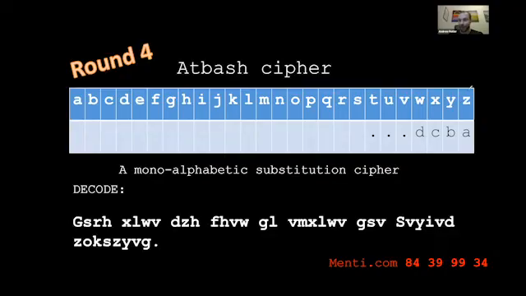So, for example, the letter Y would be replaced by B, but then that would be the same here as well. So B encrypts to Y and Y decrypts to B. It doesn't matter whether you're encrypting or decrypting for this one, which makes it a little bit special. Encoding and decoding are the same process in some sense, which is quite interesting.